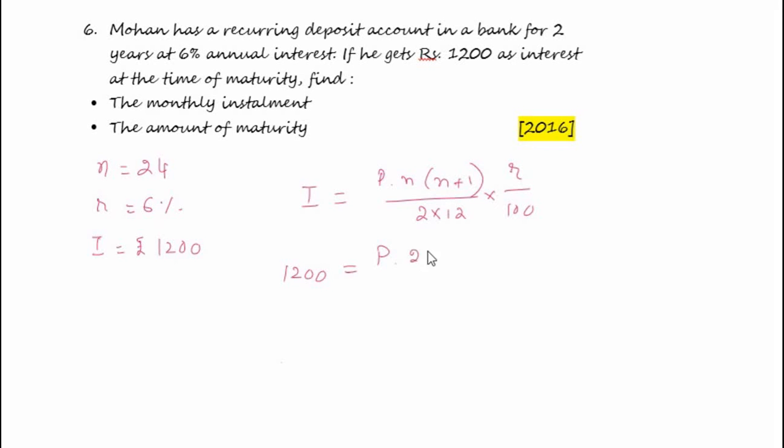N is 24, n plus 1 is 25, R is 6 here, divided by 2 into 12 into 100. 2 into 12 goes for 24, 25 once, 25 4 times, 2 times and 3 times. So this is 3P divided by 2, that is equal to 1200.